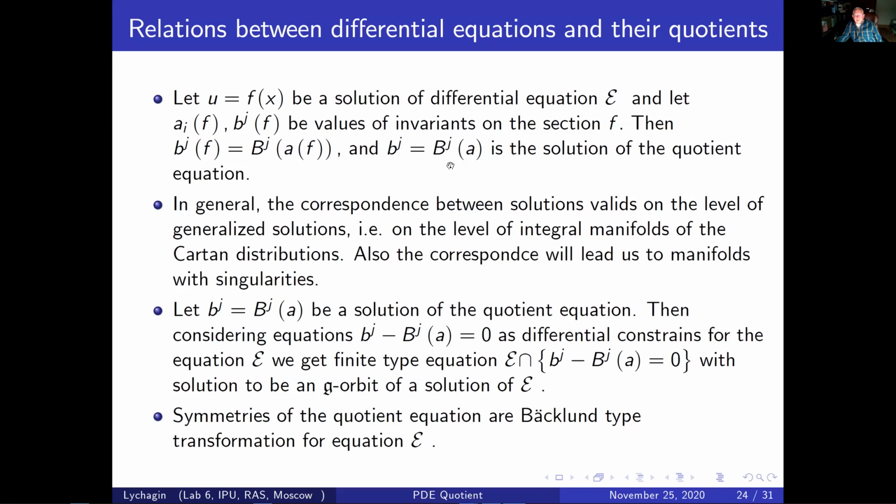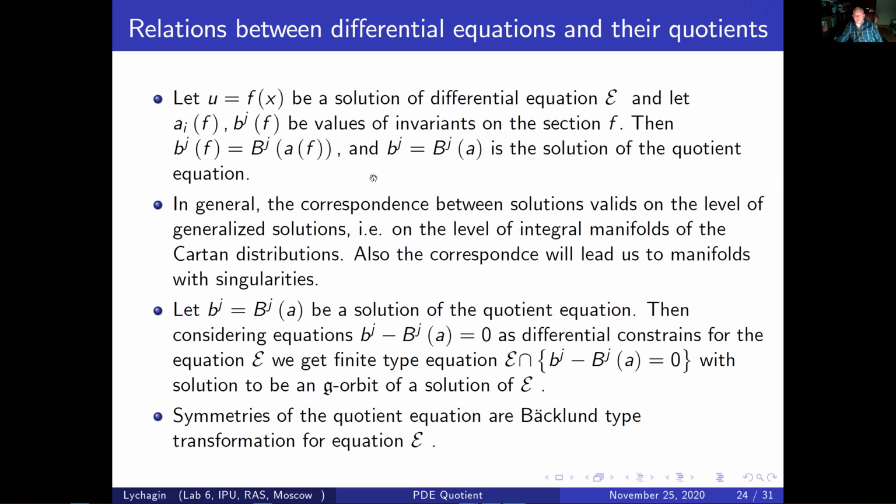It's analytical manipulation, but geometrically it says that you take a solution of your equation E, and now take the orbit of this solution with respect to the action of your group G. And this orbit will be a solution of our quotient equation. So if you take a solution of the quotient equation, it means that you know the orbit of some solution of your equation.